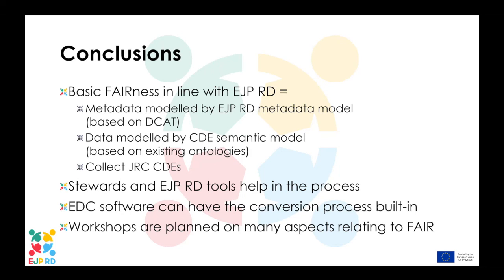We're not doing a full new reinvention here. It then makes sense to start with the JRC recommended CDEs, because then all this applies. I should maybe add, it's not on the slide, if you want to go beyond that, talk to the stewards and we can see what we can do with potential additional data elements, because obviously they can be modeled as well. Then stewards and the tools that are being developed in the EJP help in the process.